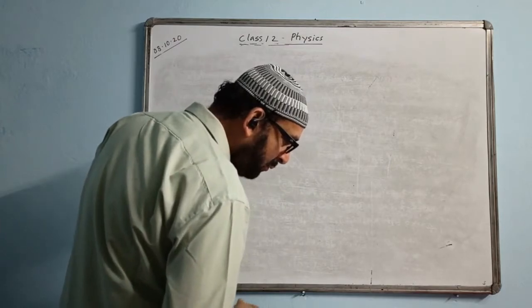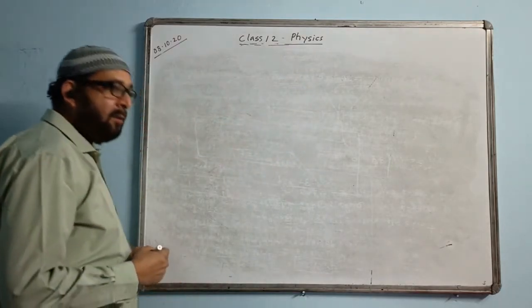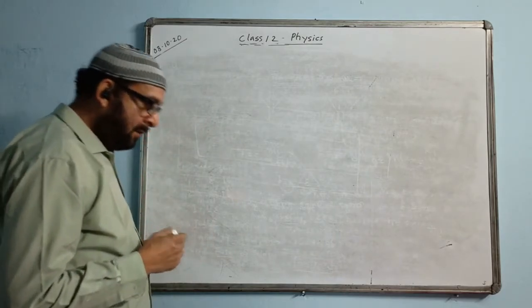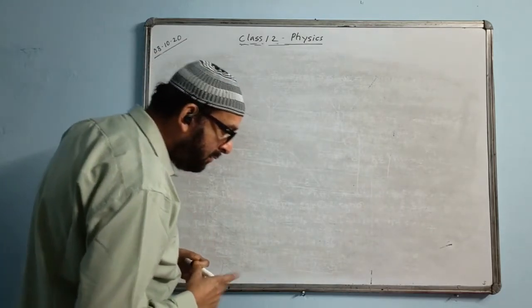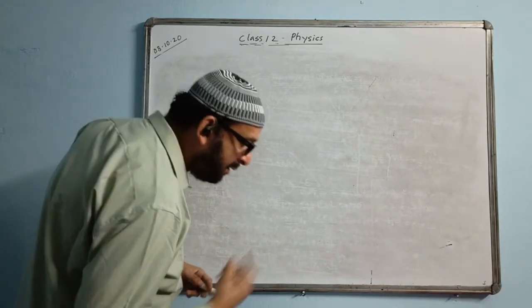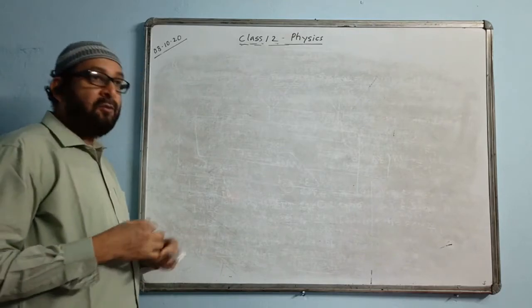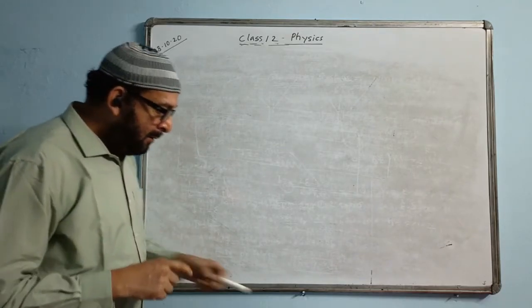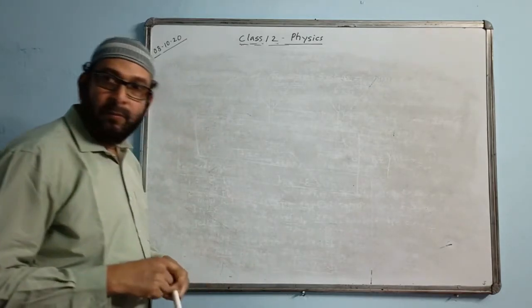So I will be describing the question. There are 48 cells, the EMF of each cell is 1.8 volt and the internal resistance of each cell is 3 ohm. They have to give the strongest possible current in a resistance of 36 ohm.